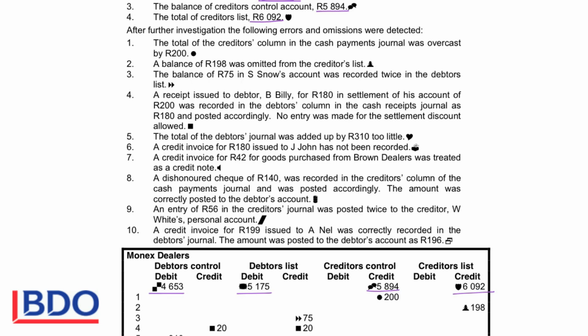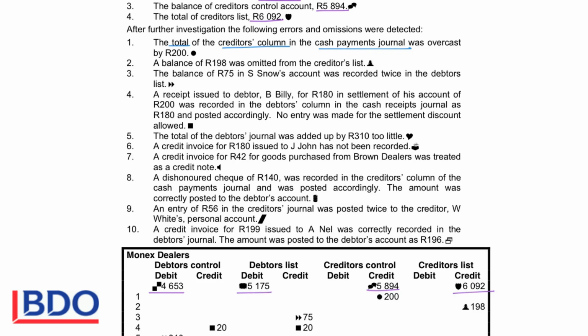If we look at the additional information that's provided, they say that the total of the creditors column in the cash payments journal was overcast by 200. That means they added up 200 too much in that total.